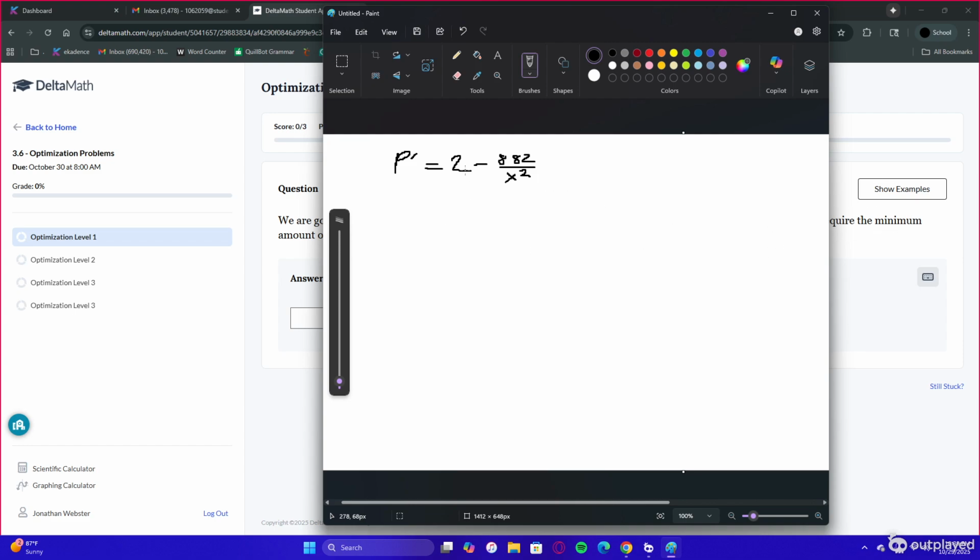So just moving this to the other side, you get 2 equals 882 over x squared, and then multiplying both sides by x squared, you get 2x squared equals 882. And dividing by 2, you get x squared equals 441.